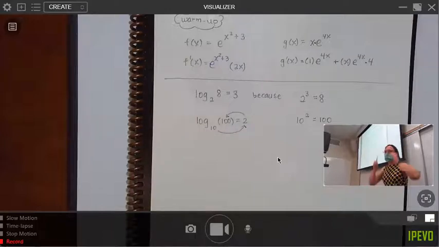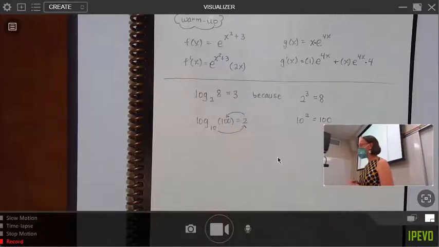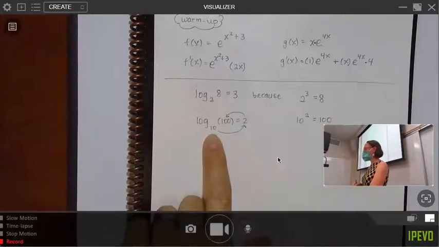Notation-wise, when we have a log with a base of 10, our textbook chooses the notation that we don't have to write the 10.